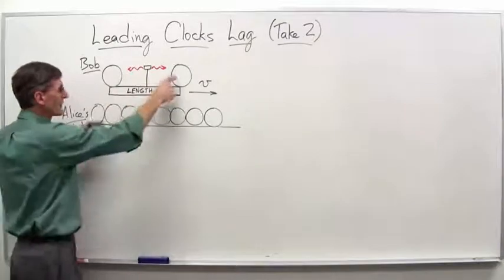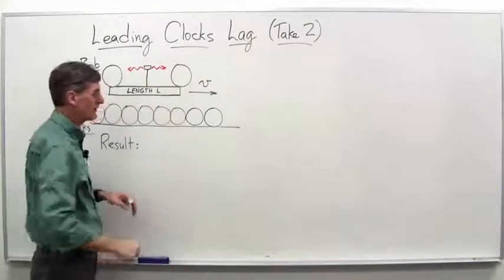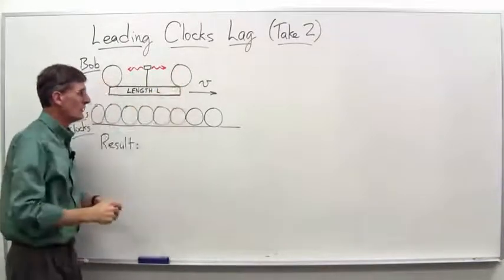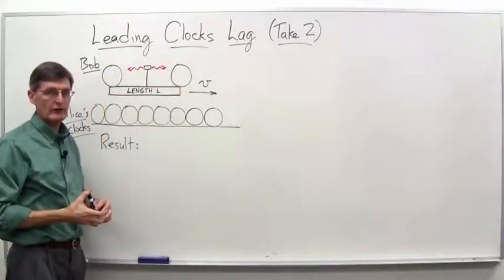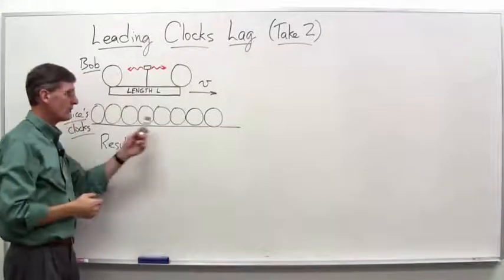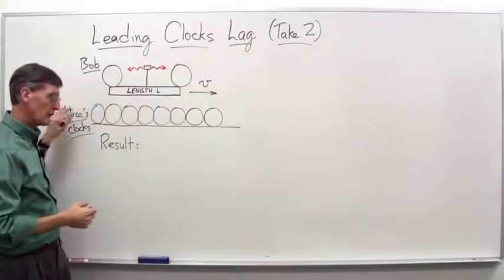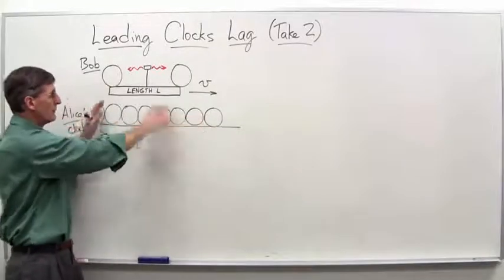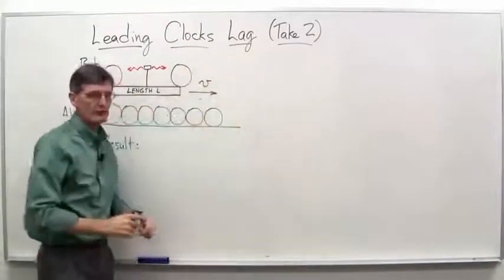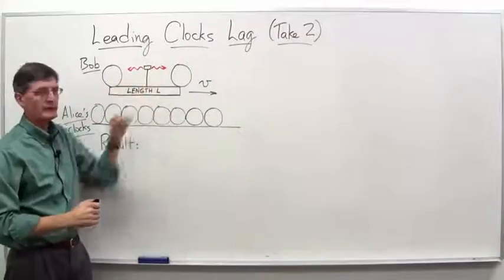So on Bob's clocks, when the flash photos are triggered, both of these photos, one here and one here, show his clocks having the identical time. But in Alice's clocks down here, again, remember the lattice of clocks that we always have to imagine in any frame. Bob also would have a whole lattice of clocks, but we only need 2 for this case.